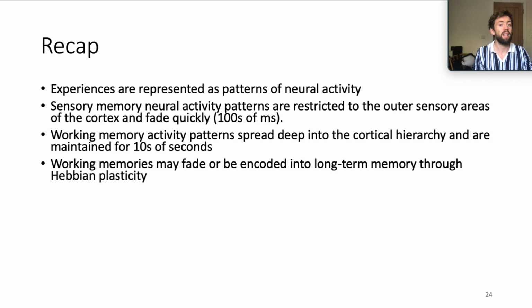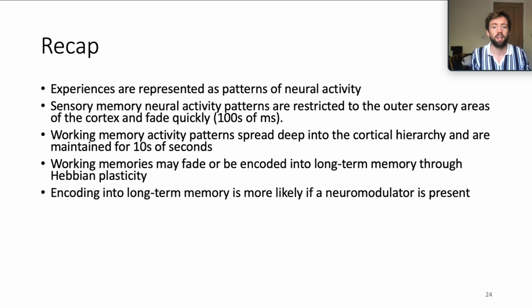Working memories themselves may then fade after tens of seconds, or they could be encoded into long-term memory through Hebbian plasticity. Encoding into long-term memory doesn't automatically happen, but it's more likely to happen if a neuromodulator like dopamine, acetylcholine, or serotonin is also released at the same time.